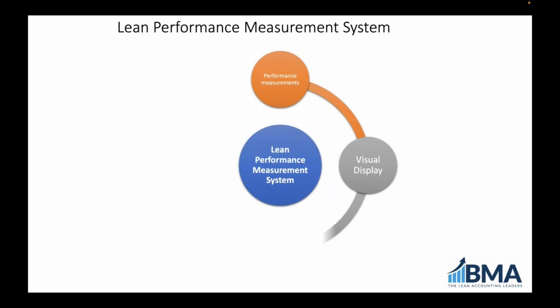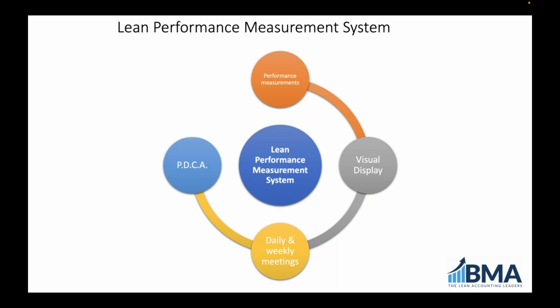So a lean performance measurement system is much more than the measurements. It's how the measures are used, and they're displayed visually. They're used in daily huddles, weekly meetings, even monthly meetings.